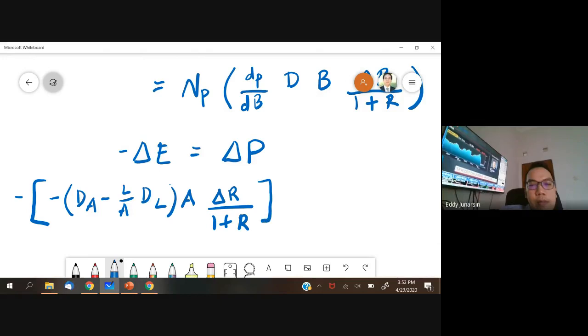If you lose something in your equity, this one is minus. So we have minus here, and we might have minus here, and we end up having a positive value. I hope you follow. Here minus, minus and minus, so they will end up positive.